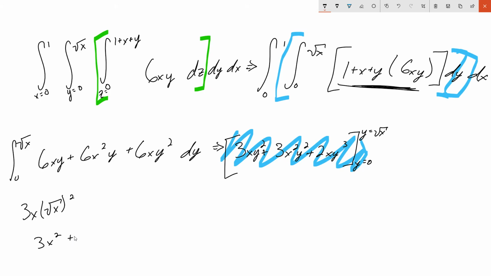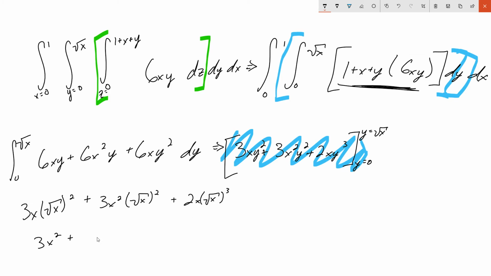It's just simple x terms being multiplied by root x. 3x squared root x squared, plus 2x root x cubed.